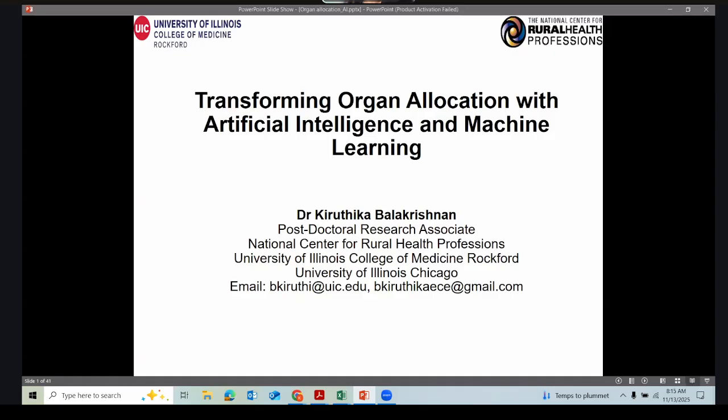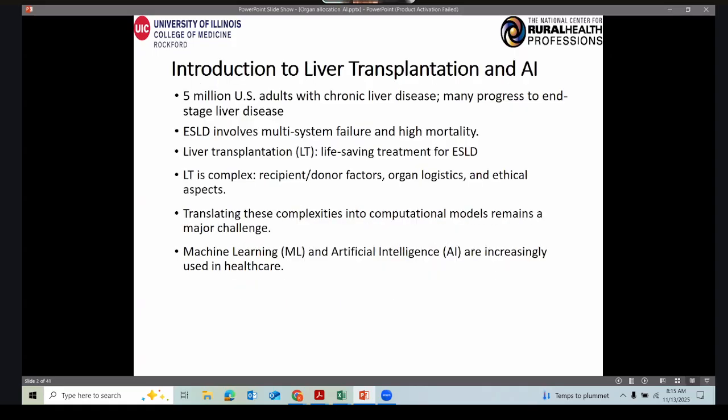Let's start with a brief background on liver transplantation and why it's such a critical area for innovation. In transforming organ allocation with artificial intelligence and machine learning, our focus is specifically on organ allocation for liver transplantation. Now, you might wonder why we chose liver transplantation as our focus.